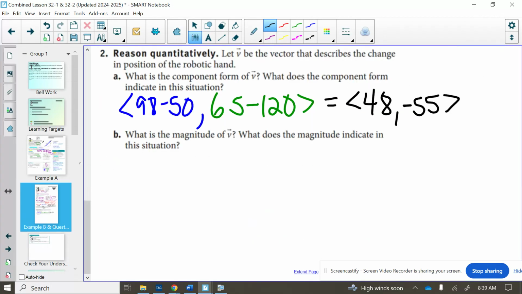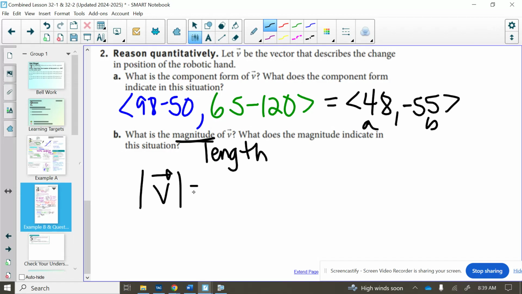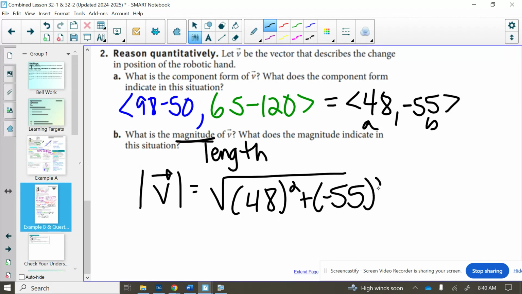So when we see this movement, if we want the overall magnitude, aka the length of this vector, we are going to use the component form for this vector and our a and our b values that we found. You could take your a squared plus your b squared value and then square root that to find that overall length.